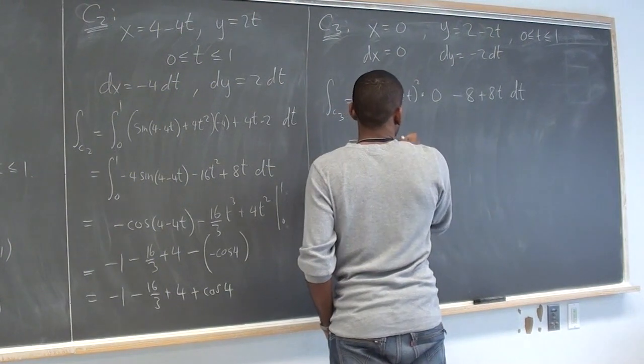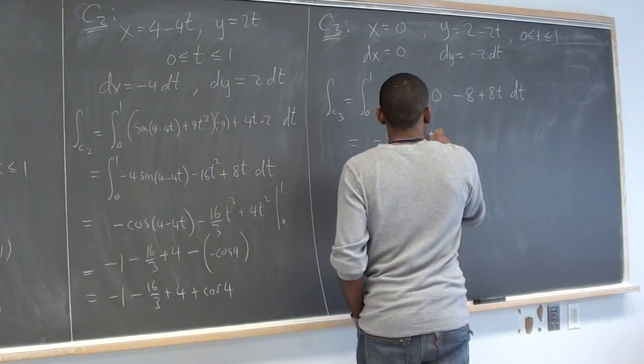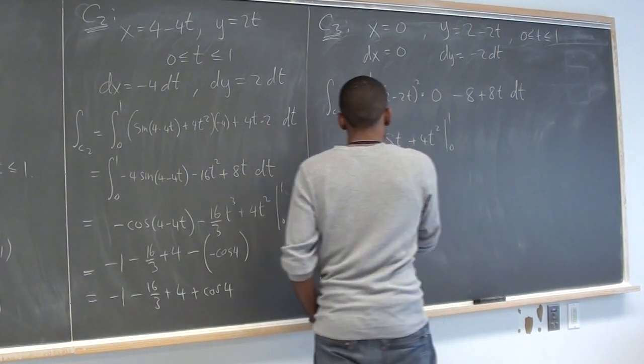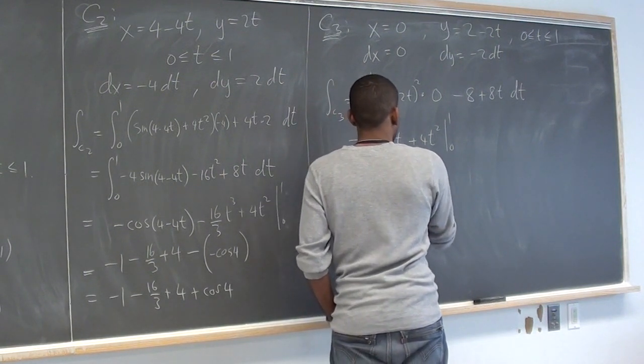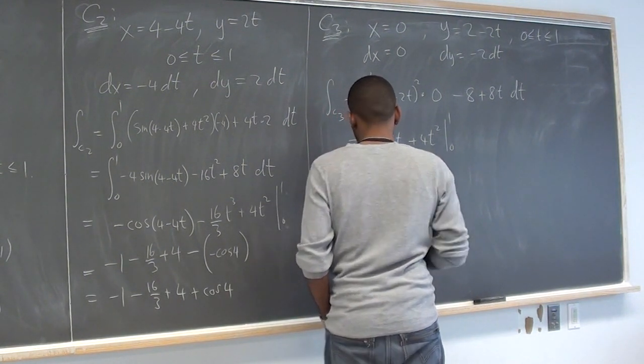So then this is minus 8t plus 4t squared. It's minus 8 plus 4 minus 4.